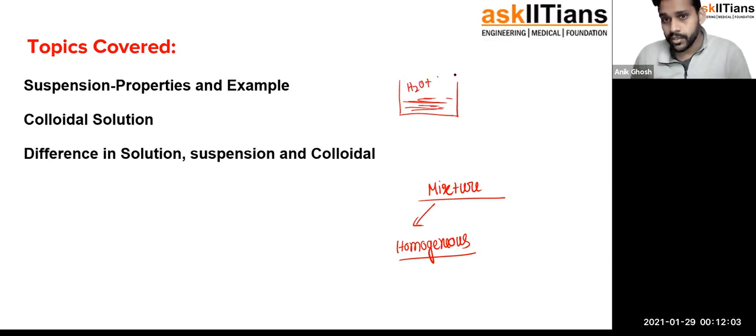If I take out a portion from one place, or from another place, and mix it properly, both would taste equal, because in both the proportion of all the constituent components is almost the same. That's why we say this is a homogeneous mixture.